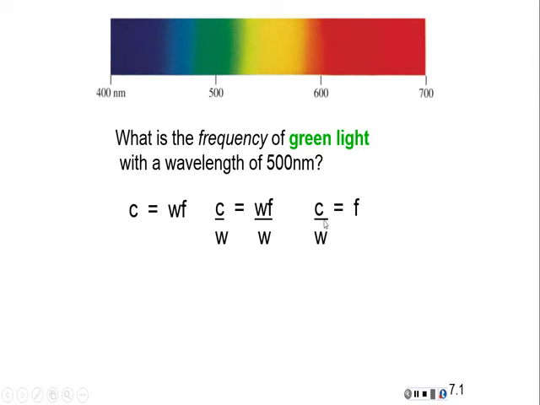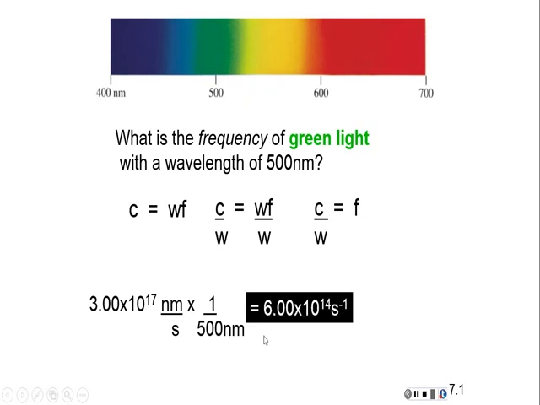Now because I was given a wavelength in nanometers, I want to use the speed of light that has nanometers in it. So in my solution, I take my speed of light, 3 times 10 to the 17th nanometers per second, and now I'm dividing it by 500 nanometers. And you see how the nanometers would cancel out. And I'm going to wind up with a unit of 1 over seconds, which I'm going to write as seconds to the negative first.